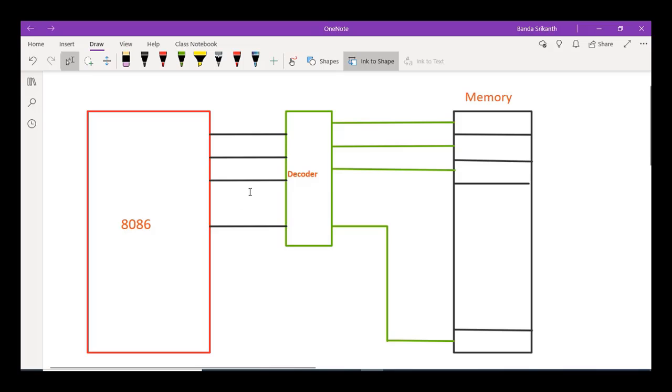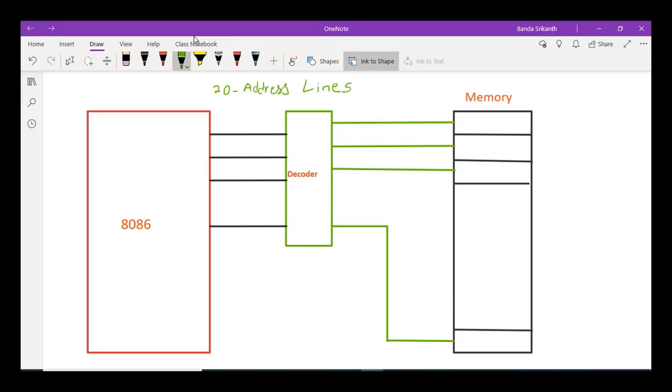Now see, these are the address lines. The 8086 microprocessor has 20 address lines.